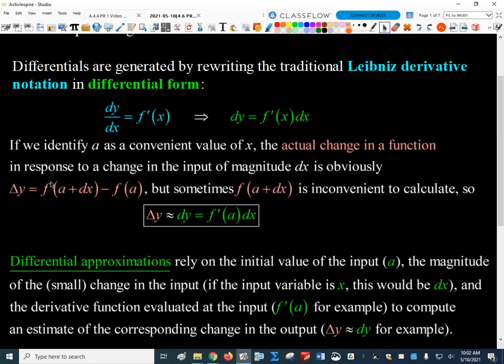But the linear approximation is frequently very easy to calculate at that point. So we're just taking advantage of the fact that the actual change in the function, delta y, is approximated by the change in the linear approximation, which we're going to call dy. Okay?